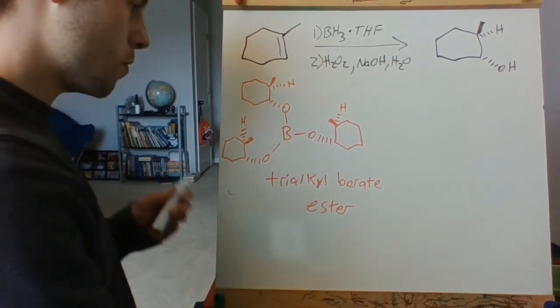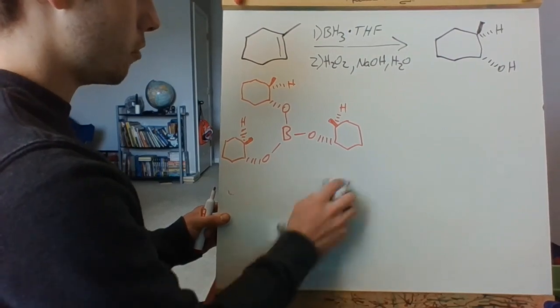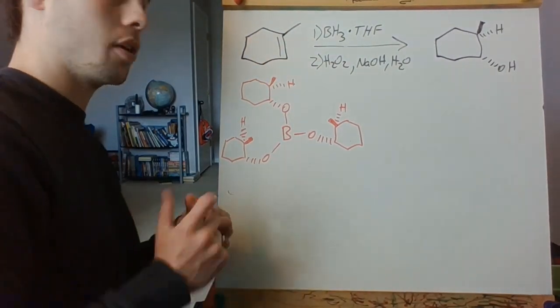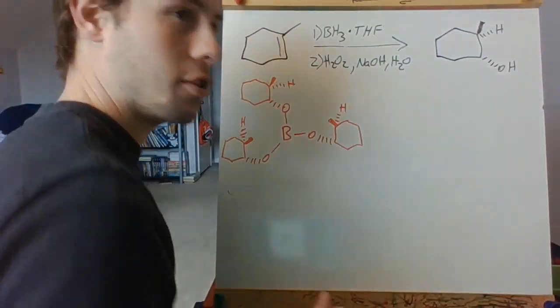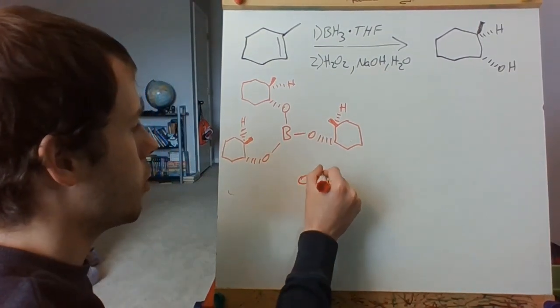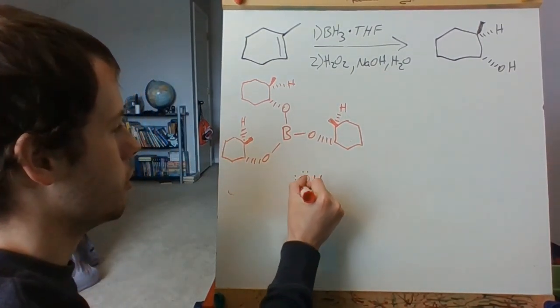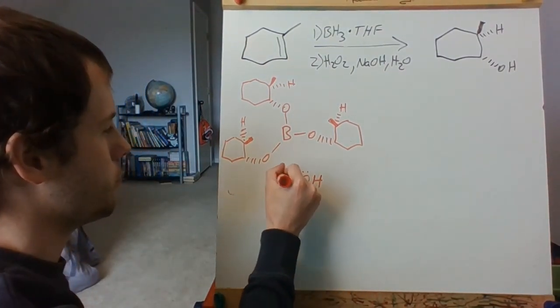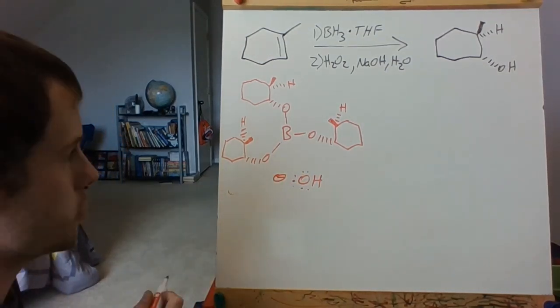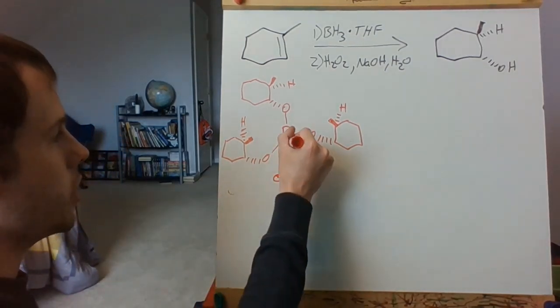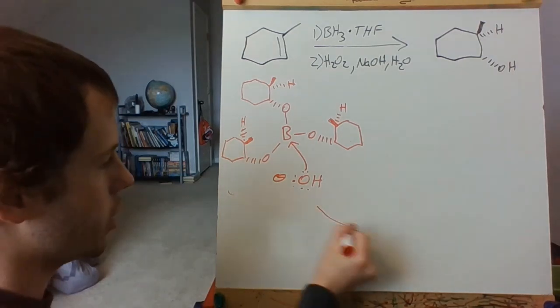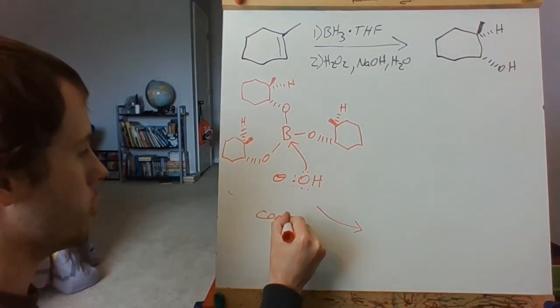And so once we form this in our reaction mechanism, we then are going to have coordination of hydroxide. So we draw out our hydroxide here. It has a negative charge because it has 3 lone pairs, and we get a coordination to take place.